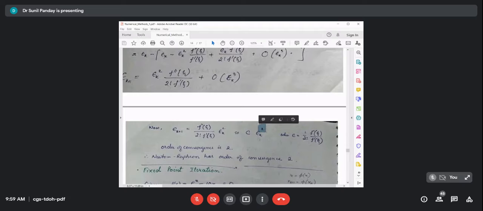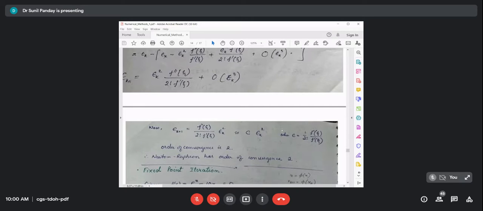So the proof of the error equation of the Newton method is easy as compared to the secant method, because here we directly get the error equation, but for the secant method we have to do some other kind of calculation. So the order of convergence of the Newton method is 2. Newton-Raphson method has order of convergence 2, and secant method has order of convergence 1.6. So obviously Newton-Raphson method is fast as compared to the secant method.